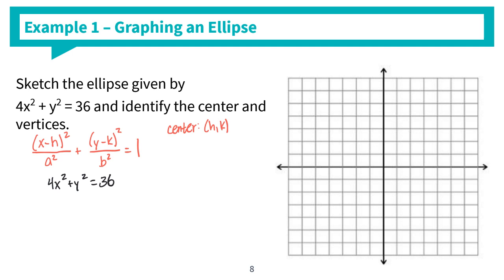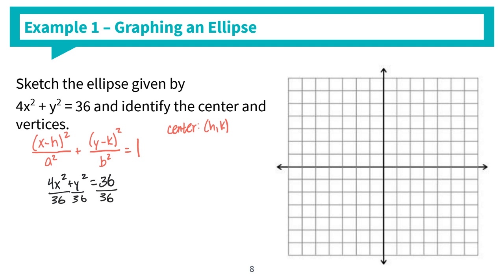But what we want to do is, because we don't have an overly complicated equation to start with, really the only thing we need to do is make sure that this equation is equal to 1, because that's what standard form looks like. So I'm going to go ahead and divide everything by 36, because that's what's going to give me a 1 on the right side.